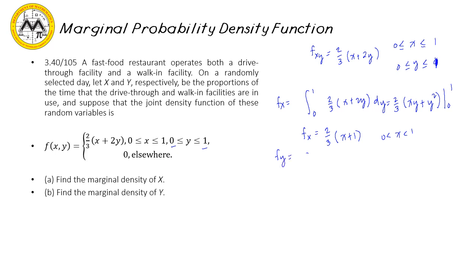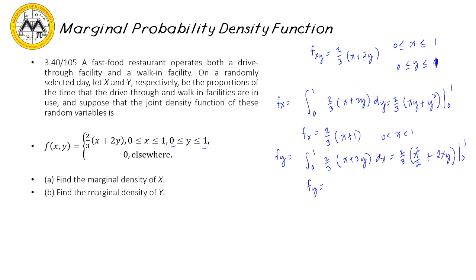For f sub y, we have the integral of 2 over 3 (x plus 2y) dx. So 2 over 3 times x squared over 2 plus 2xy from 0 to 1.